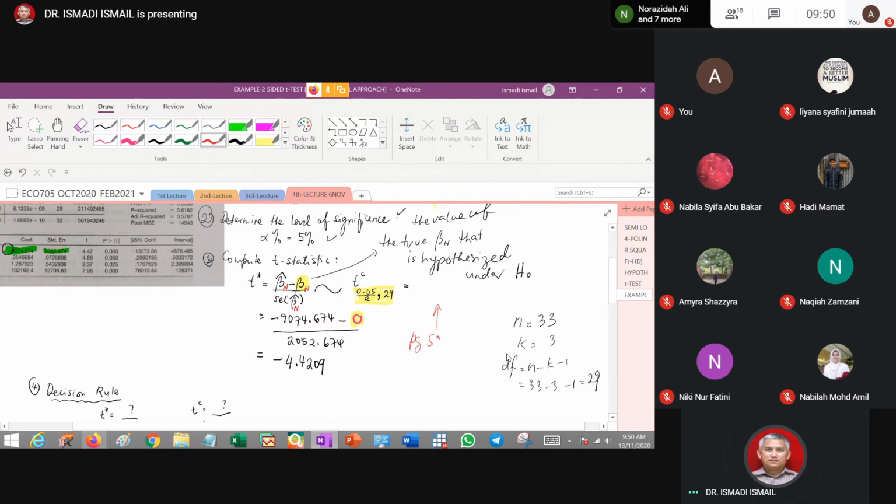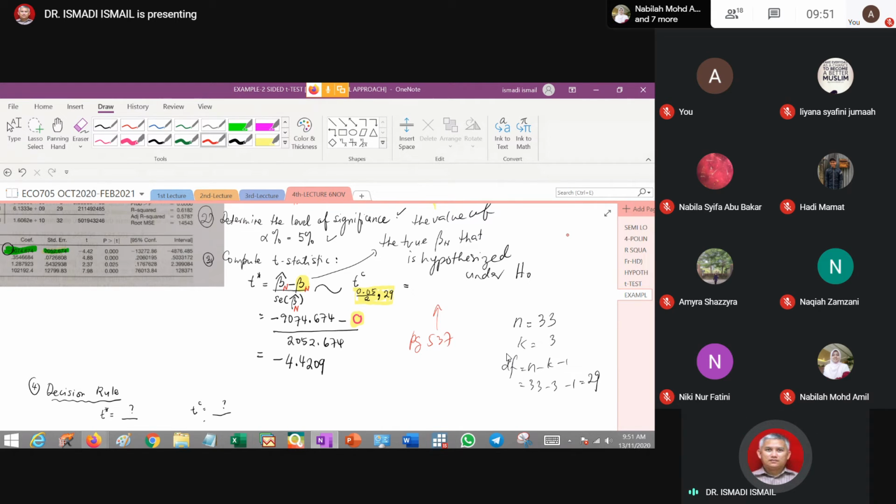Page 537. The first column is the degrees of freedom. You have 1, 2, 3, 4, 5, 6, 7, 8 up to 30, then jump to 40, jump to 60, jump to 120, and then lastly it comes to the normal distribution. The next column is one-sided and two-sided. There are two rows under the degree of freedom here, one-sided and two-sided.